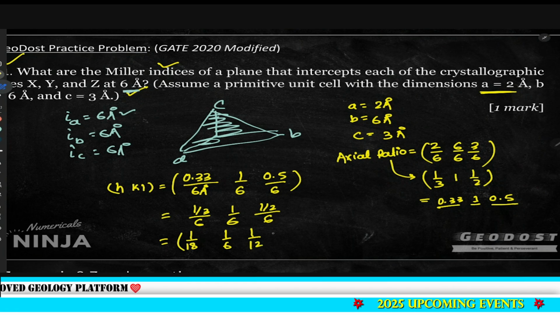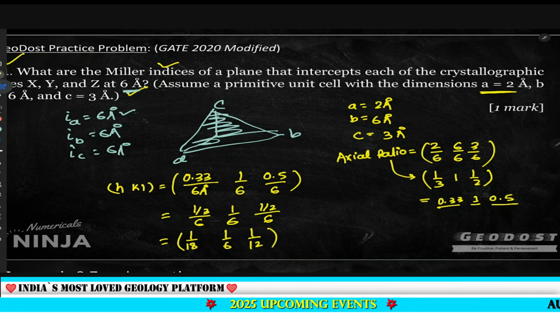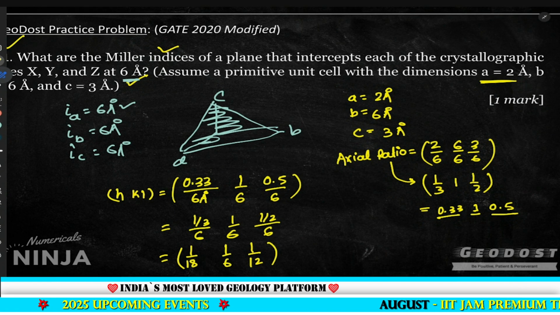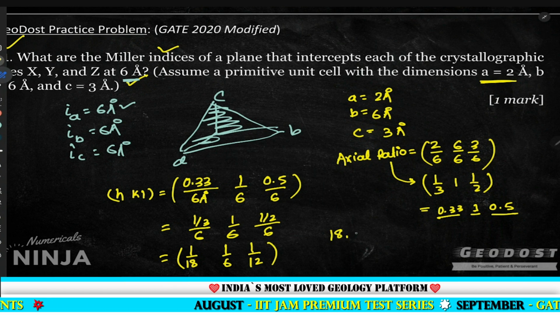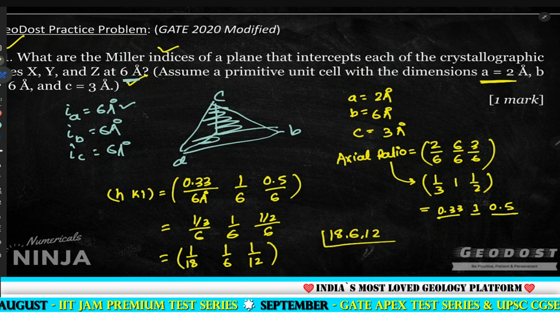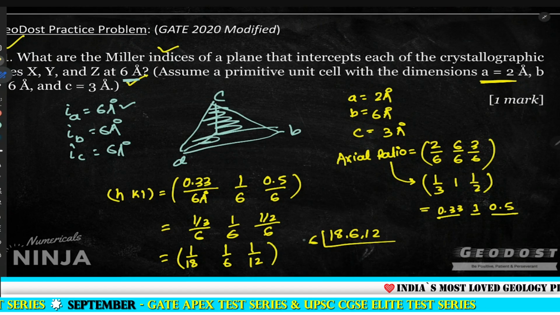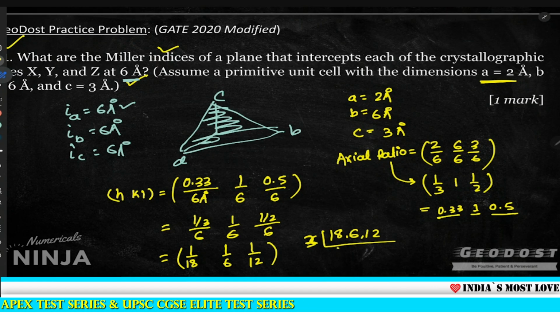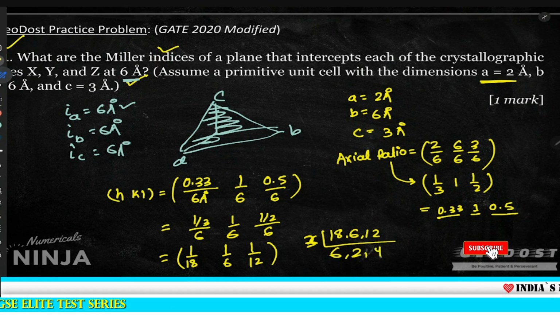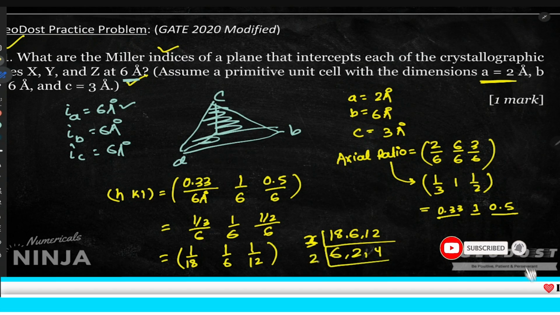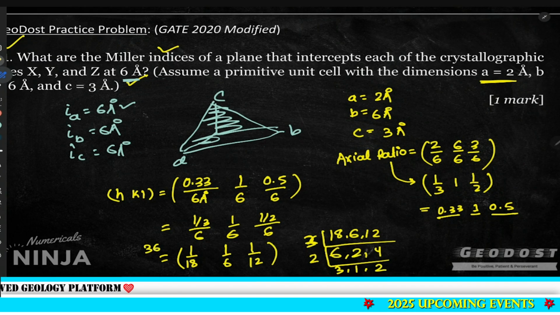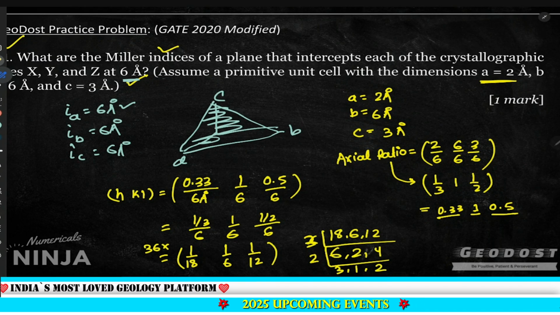Okay, then what number are we going to multiply by, by which the fractions will be cleared? Let's try 6, then 3. That will be 6, 2 and 4. Then again we can divide by 2: 3, 1, 2. So 36 is what we are going to multiply by, by which the fractions will be cleared.